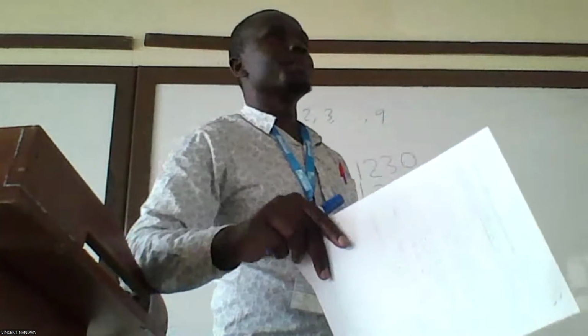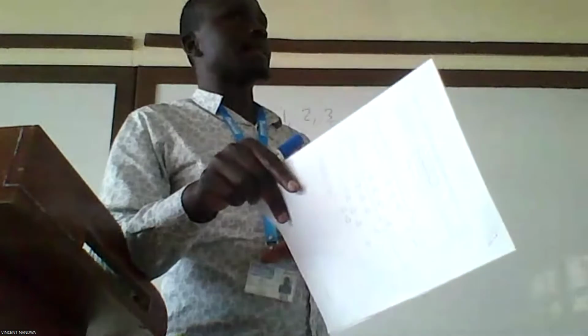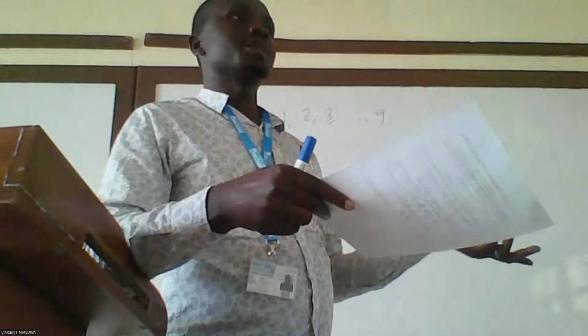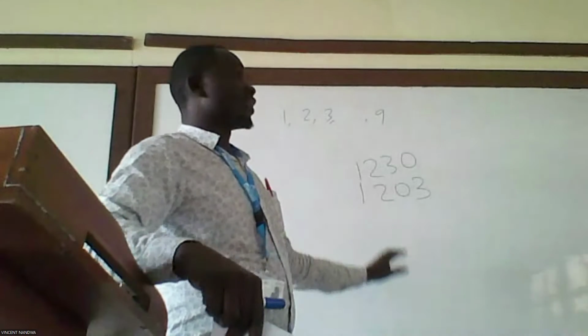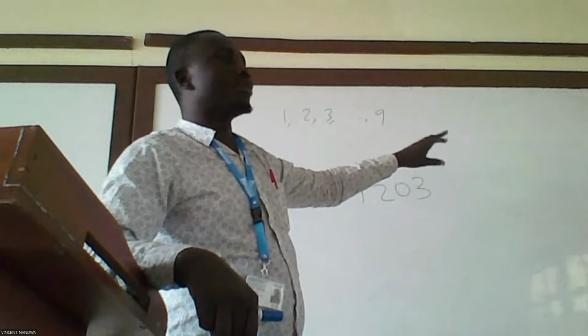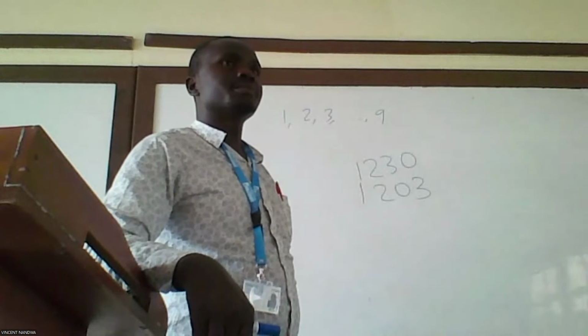Not changing the value means if the number is in tens, it should remain in tens. If it's in hundreds, it should remain in hundreds. If it's in thousands, it should remain in thousands. If it's in tens of thousands, it will remain in tens of thousands. So this is 1,230. So what is this number rounded off to the nearest two significant figures?